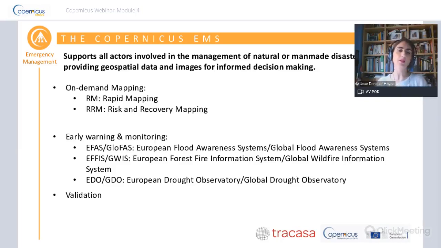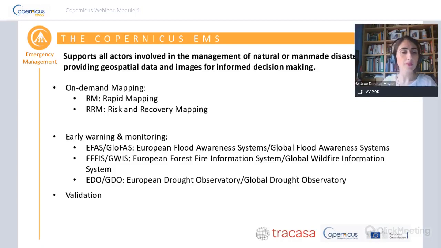They provide cartographic products, both raster and vector. Rapid mapping works in the early moments after a disaster has happened, while risk and recovery mapping creates products that can assist in the recovery of a certain area after a disaster, or can give reference products to help managers take measures in potential events.